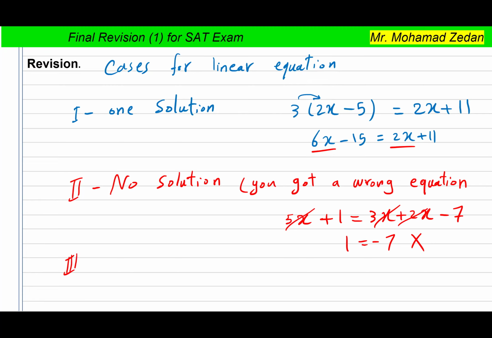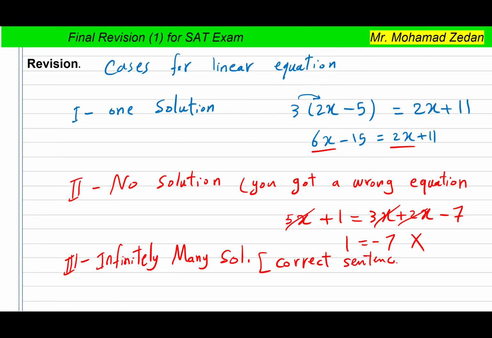And the third case for a linear equation is infinitely many solutions. This is important, coming many times in the SAT exam. For infinitely many solutions, you will get a correct sentence, like 7 equals 7 or 2 equals 2.